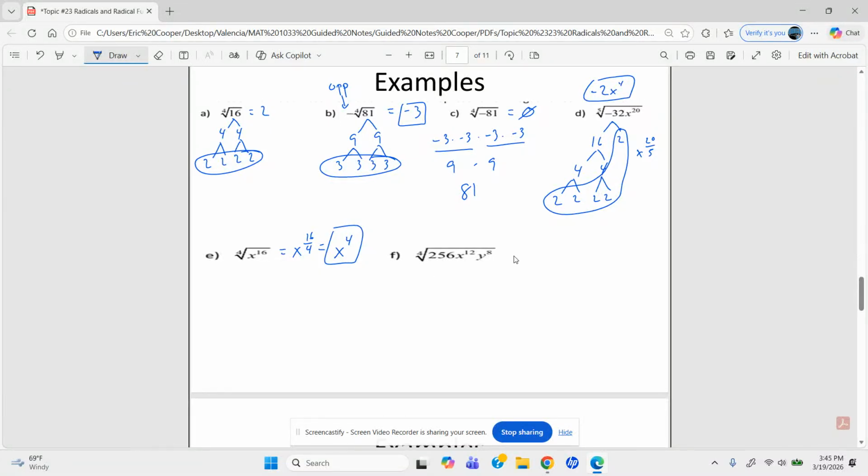And here we're going to do each part separately. We have the fourth root of 256, the fourth root of x to the 12th, and the fourth root of y to the 8th.